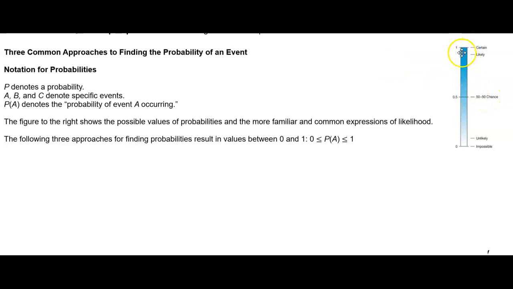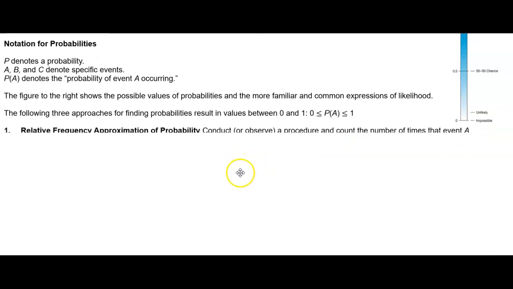At the very top, 1 means it's certain, and anything right before the 1 would be considered likely. Therefore, the following three approaches for finding probabilities result in values between 0 and 1. The probability of event A occurring is between 0 and 1 inclusive.